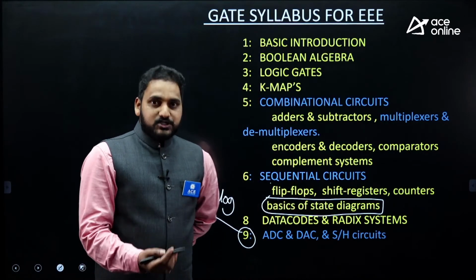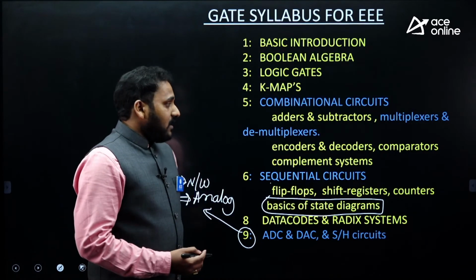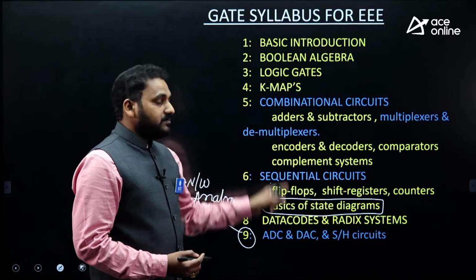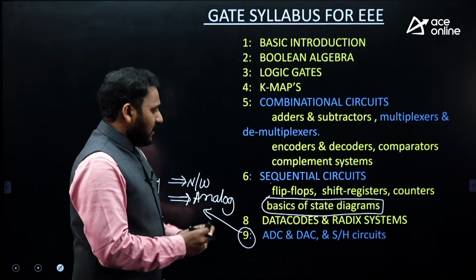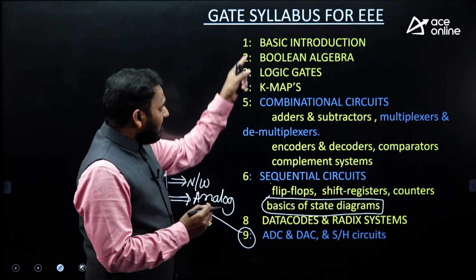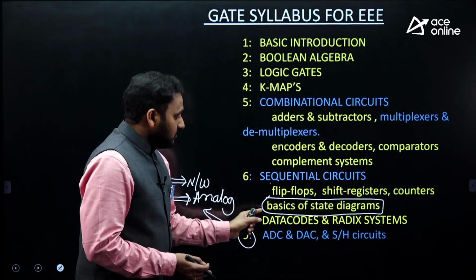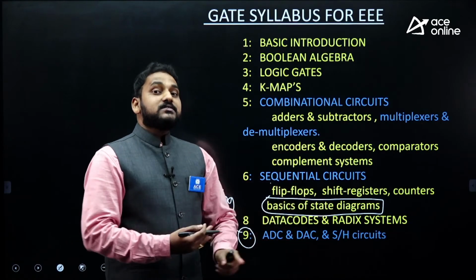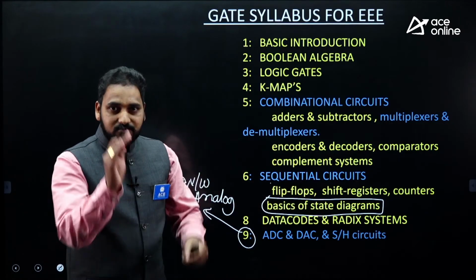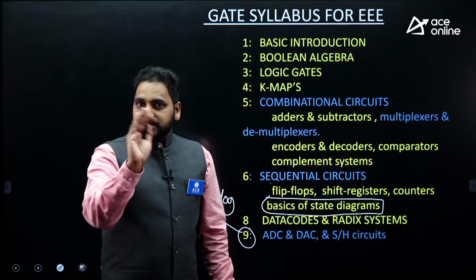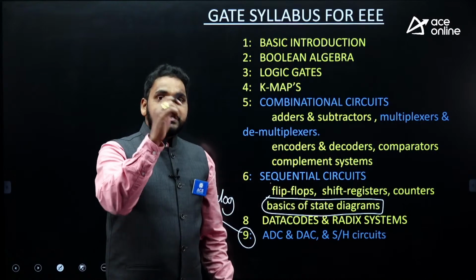In spite of the branch, maybe ECE, electrical or instrumentation, and in spite of the topics which are mentioned in the main syllabus, the student has to read each and every topic whatever I wrote on board, including basics of state diagram. Don't say, sir, state diagrams, we don't have FSM, finite state machine, no need. Mealy-Moore circuits, no need for electrical and instrumentation. But you should know the basic idea, basic state diagram.